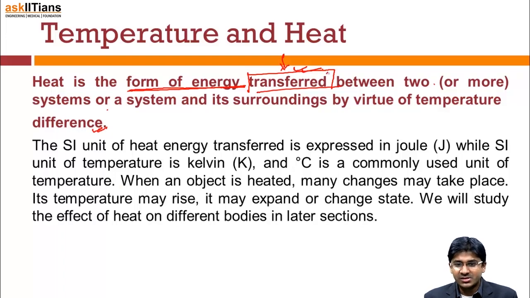Now why I emphasized the word transferred is that if you have this body and this body, suppose this is hot and this is cold. What will happen? We know that the hot body loses heat. So let us assume that we connect it by something, maybe a rod or something.